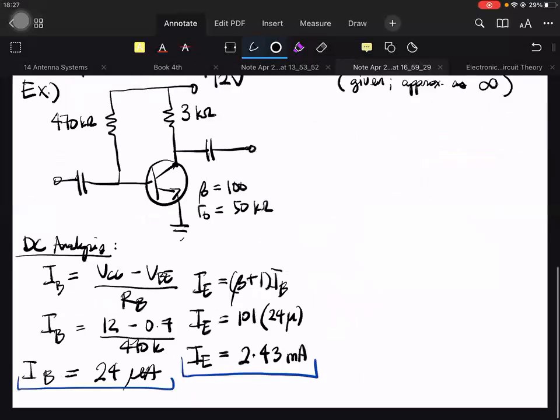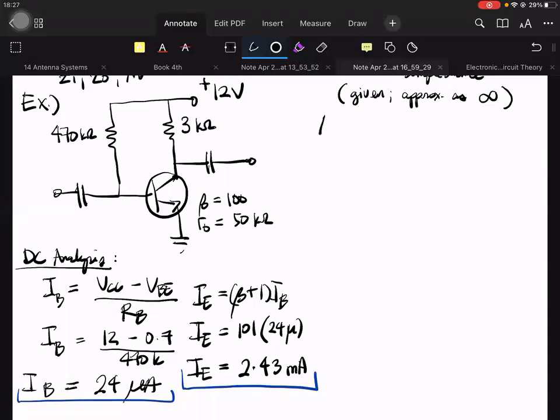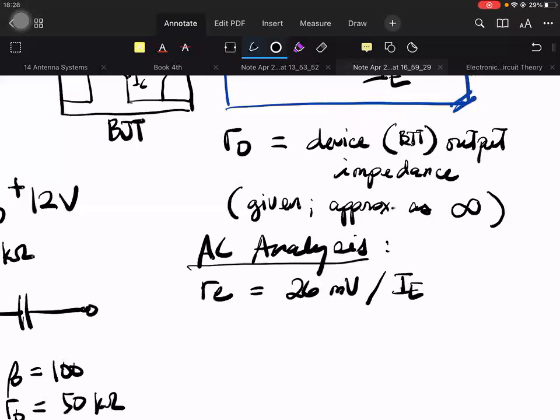So we're ready now to solve the AC analysis portion, starting with RE. RE is, again, 26 millivolts divided by IE.